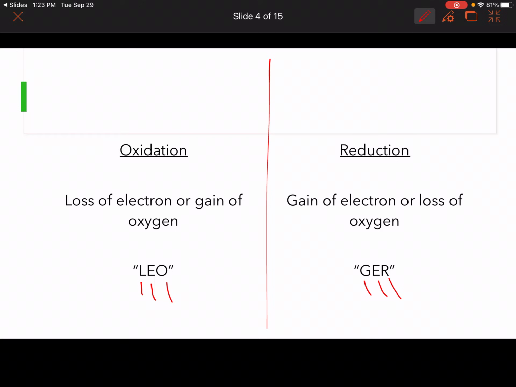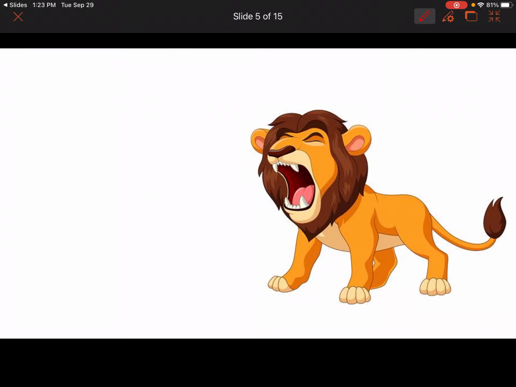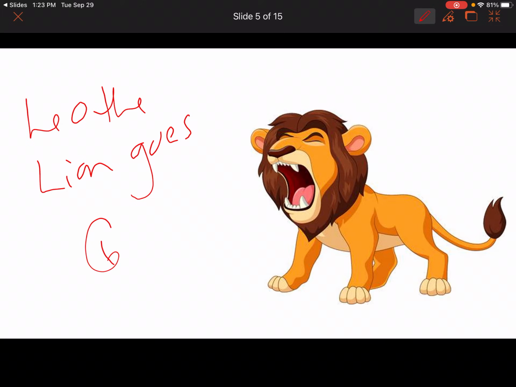So LEO and GER are how you're gonna remember this, because you're gonna say, Leo the lion goes grr. Okay, so that is how you are going to remember this. Leo the lion goes grr.